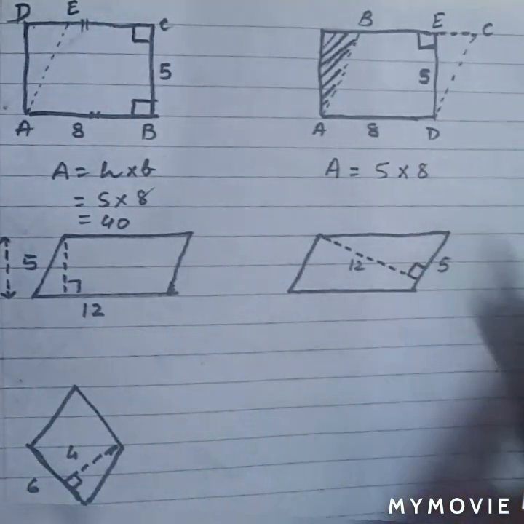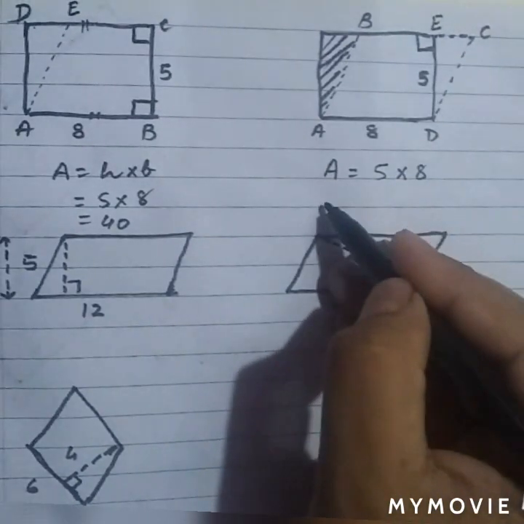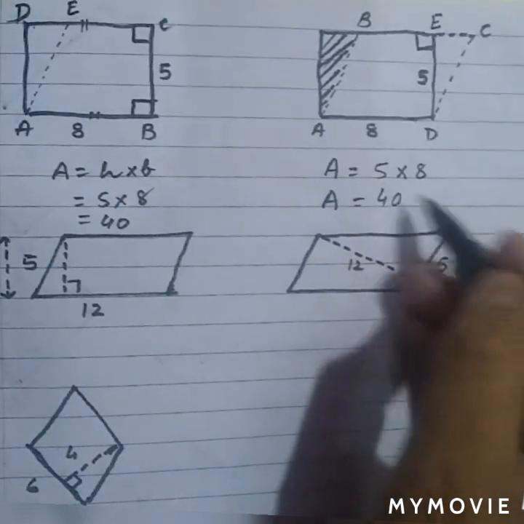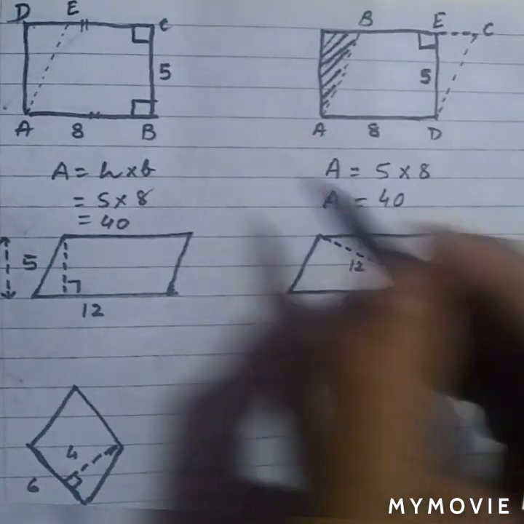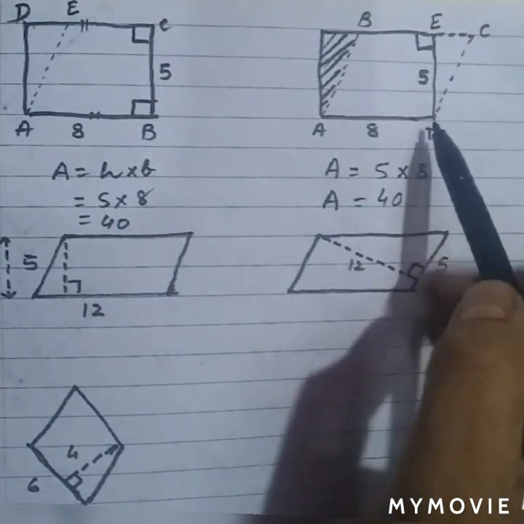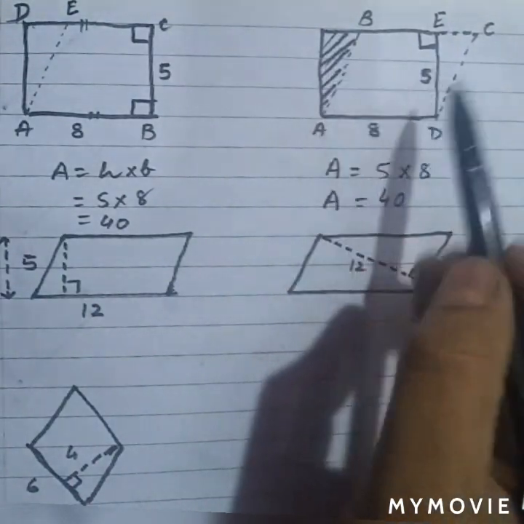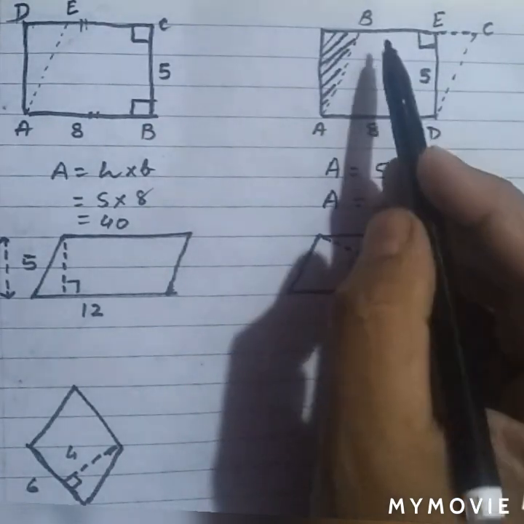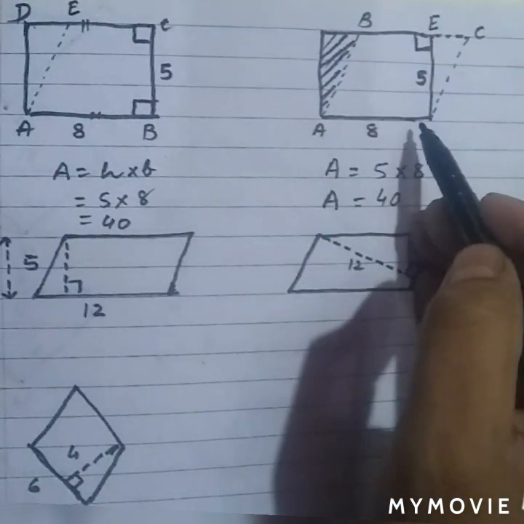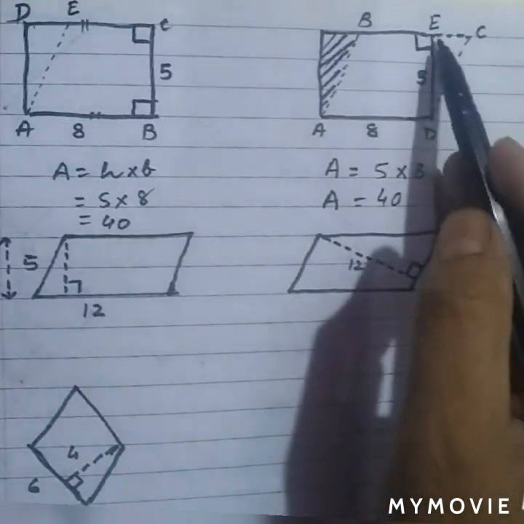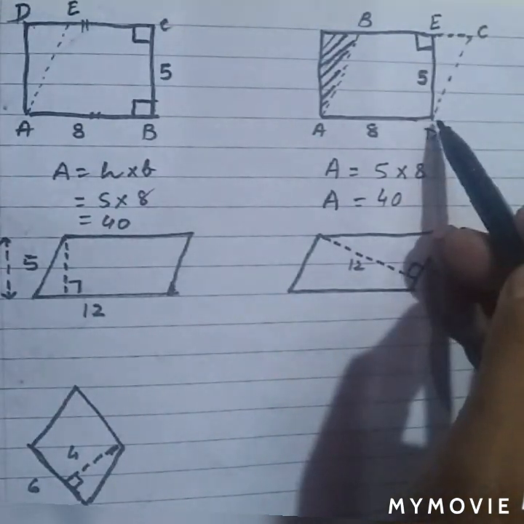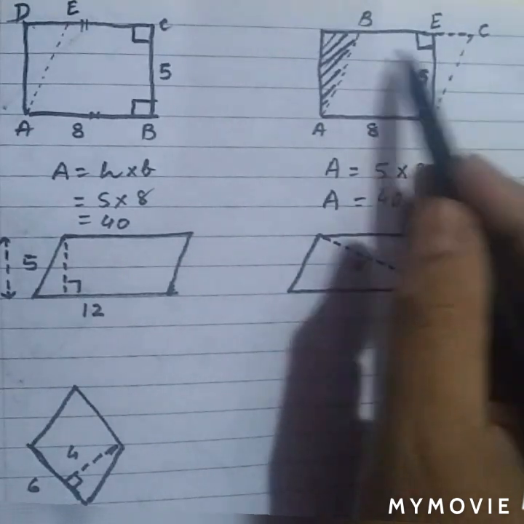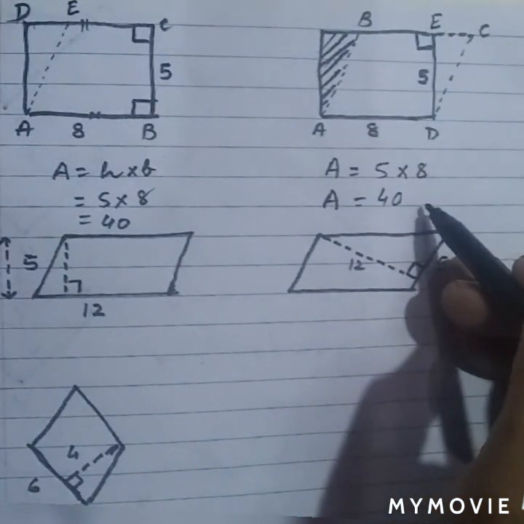Now the area of the same parallelogram will again be 40 square units. So on the basis of this argument, if we are given a parallelogram, we can find the area by finding its perpendicular height and base, and by multiplying them we can easily calculate the area of a parallelogram.